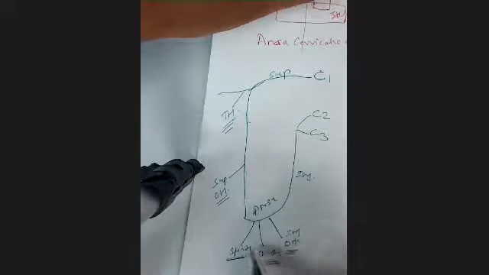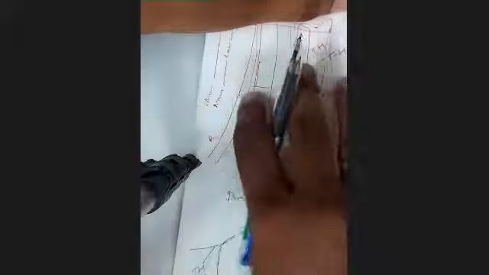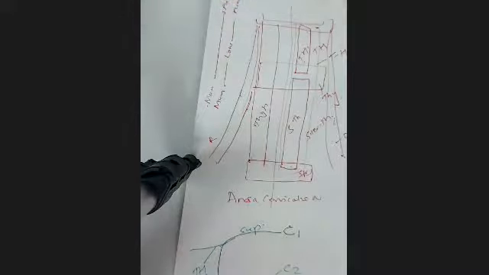And the ansa cervicalis actually supplies three of these infrahyoid muscles: sternohyoid, sternothyroid, and inferior belly of omohyoid. These muscles are very important because they are covering the thyroid gland. So while operating on the thyroid gland, they are supposed to be retracted.